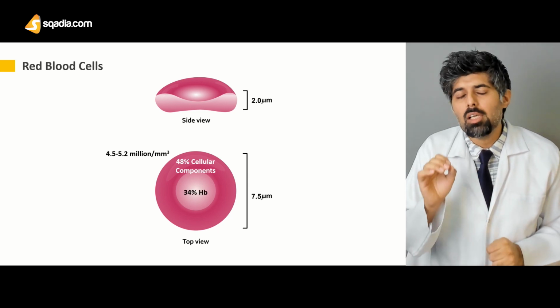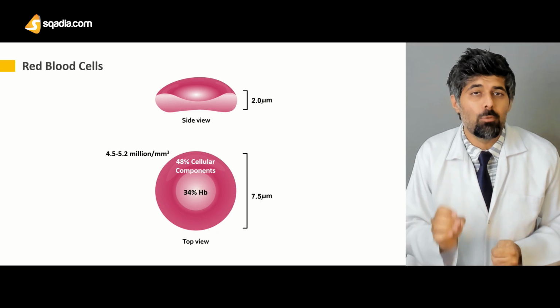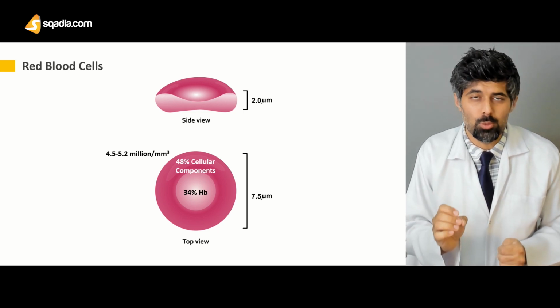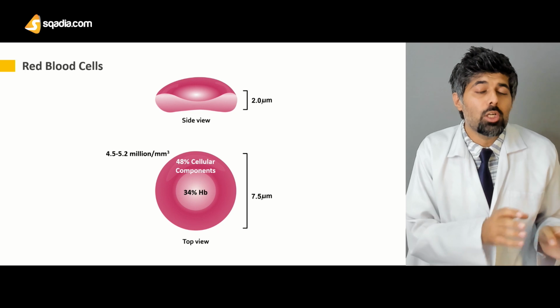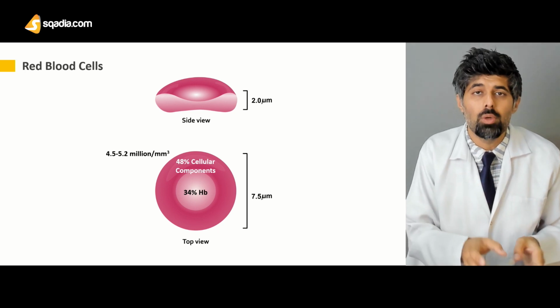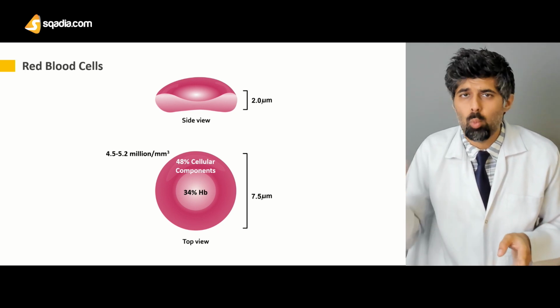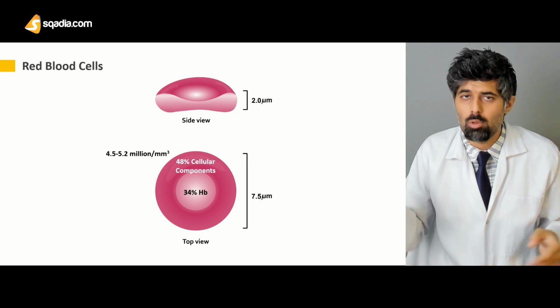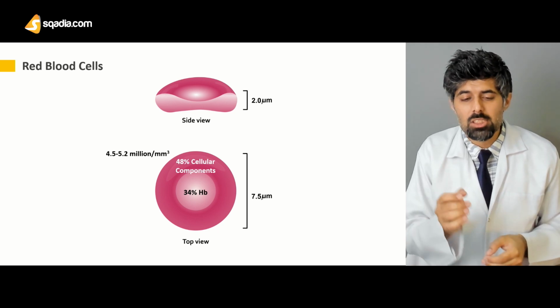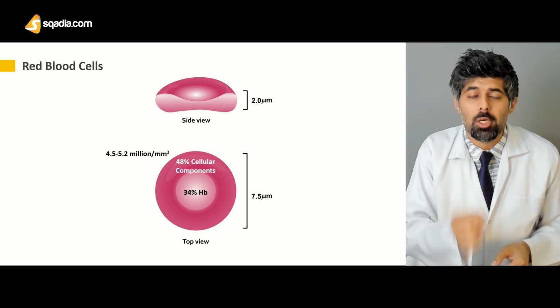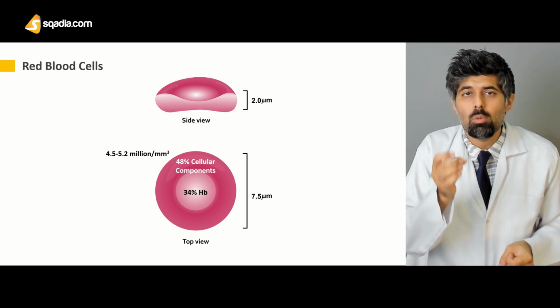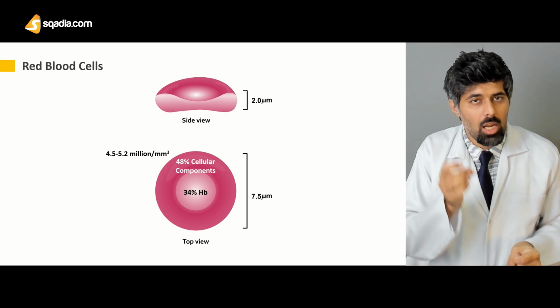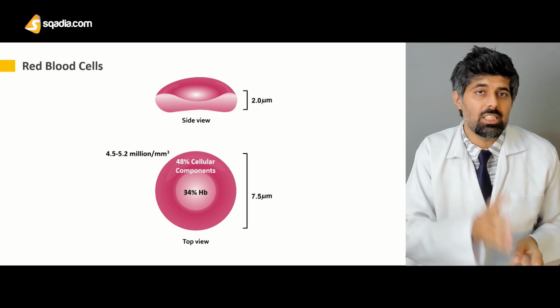Next is that they contain only about 34% hemoglobin. That is, only 34 grams of hemoglobin is found in about 100 ml of RBCs. Now, this is important because this is the metabolic limit of any given RBC. It cannot exceed this limit.